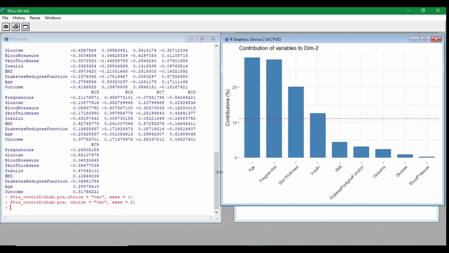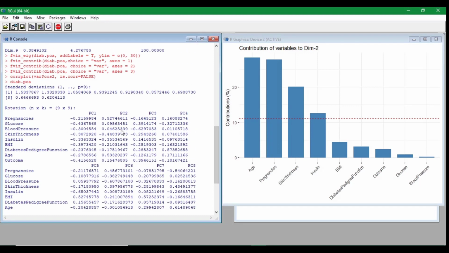So interpreting principal component 2, we see that for an increase in age, as we can see that age is positive, and an increase in the number of pregnancies, we see a decrease in skin thickness and a decrease in the amount of insulin intake.